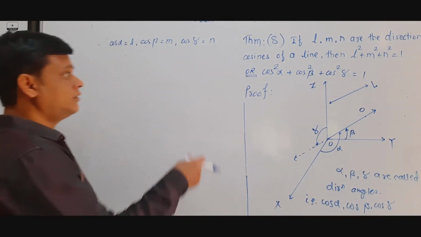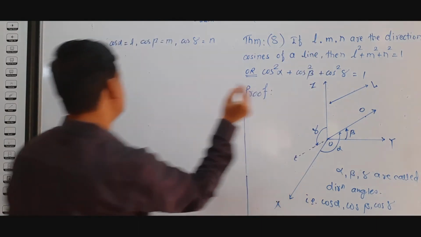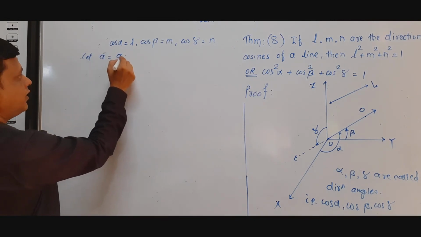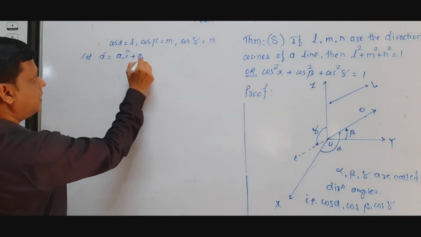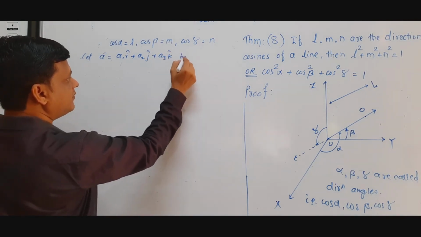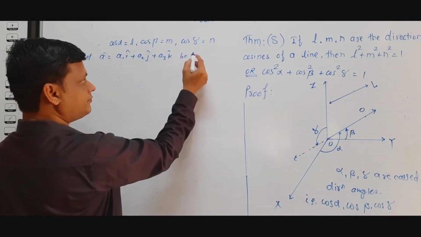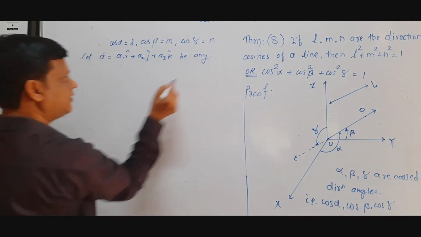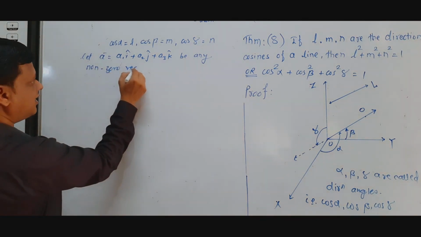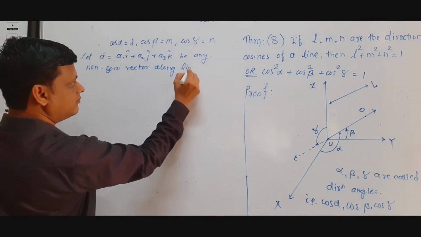Now we consider a vector along the given line. Let A bar equals a1 i plus a2 j plus a3 k be any non-zero vector along the line.